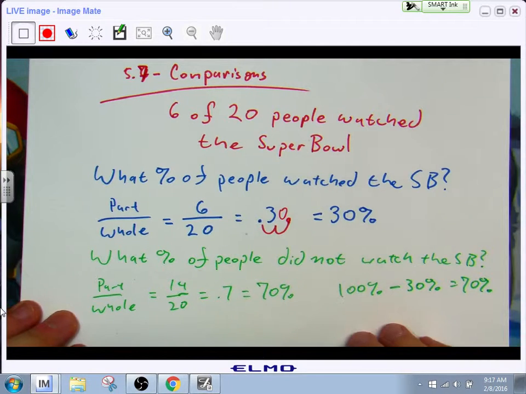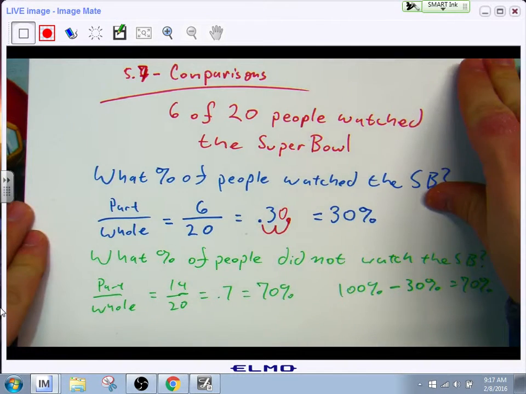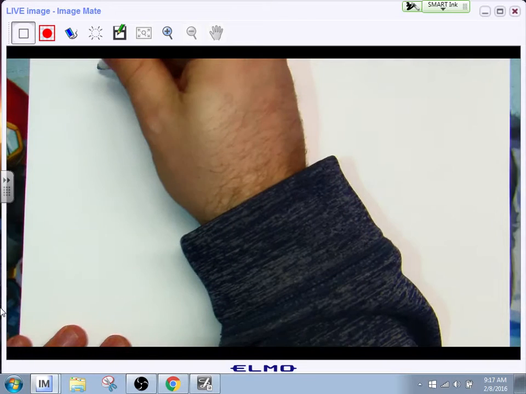Okay, I'm going to move on to something a little bit more complicated. So in this room right now, there's a ratio of students. And this is one way we can think about this.